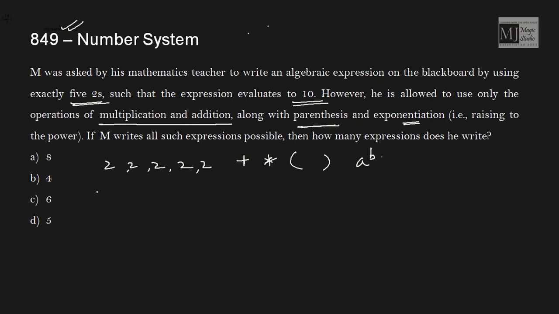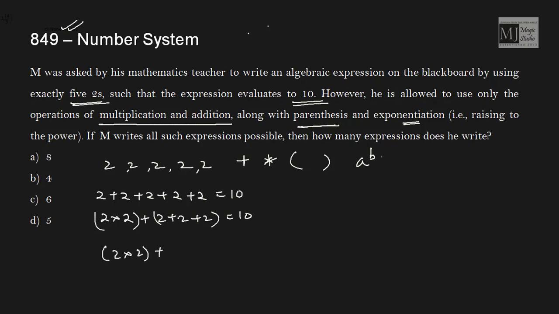Okay, so let's start with the basic. 2 plus 2 plus 2 plus 2 plus 2 will give me 10. If I pair them up, 2 into 2 plus 2 plus 2 plus 2, if I write like this, I'll get a 10. Again 2 into 2, if I pair them up, plus 2 into 2 plus 2, 4 plus 4 plus 2, that will also give me 10. Now this 2 into 2 can also be written as 2 to the power 2, isn't it?